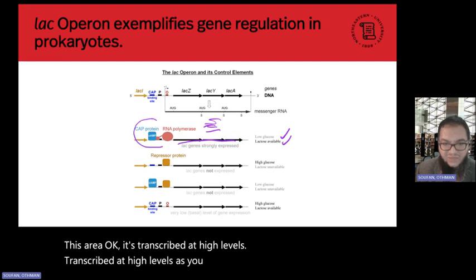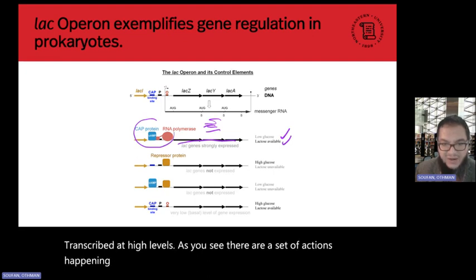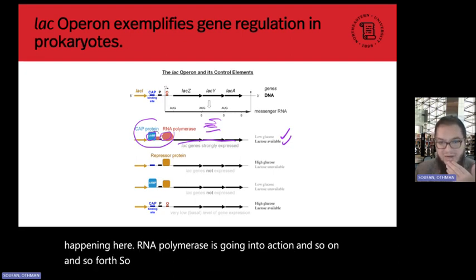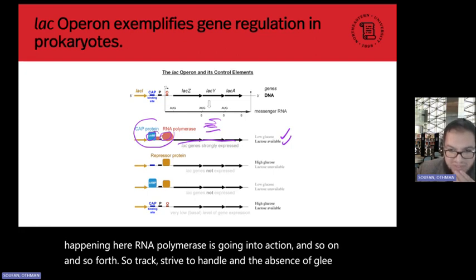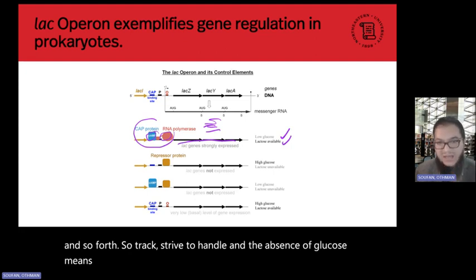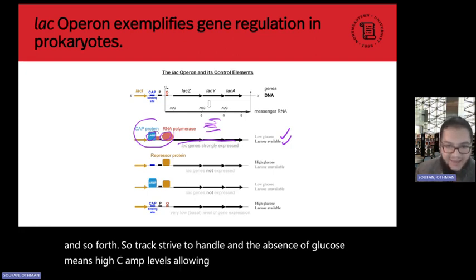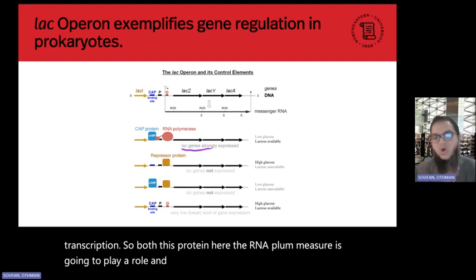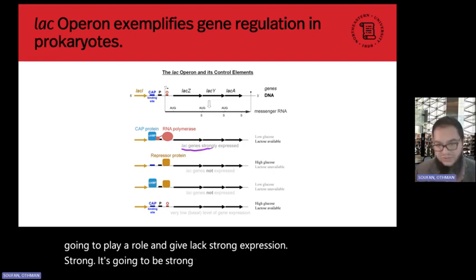As you see, there is a set of actions happening here. RNA polymerase is going into action, and so on. The absence of glucose means high cAMP levels, allowing CAP to activate transcription. So both this protein and the RNA polymerase are going to play a role and give lac strong expression. It's going to be strongly expressed.